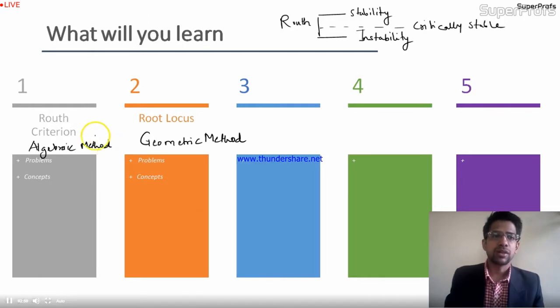In Routh's criteria, we make up the Routh array and decide whether the system is stable or not. In the root locus method, there are certain rules to draw a root locus, which is nothing but the locus of all the possible roots of that particular characteristic equation in the S-plane. According to that locus of roots, you can decide whether the system is stable or not.